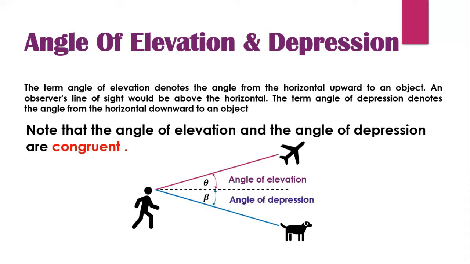Very clear, right? Once again, angle of elevation is upward from the horizontal line, and angle of depression is downward from the horizontal line.